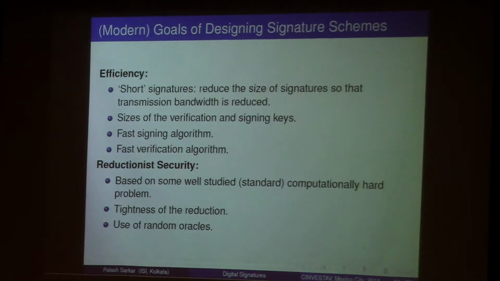This should be tight in the sense that the probability of breaking your scheme is upper bounded by the probability of being able to solve the hard problem, and that should be almost the same. There shouldn't be a big difference between these two probabilities. And then whether you use random oracles or not is also an issue. So these are more technical issues.